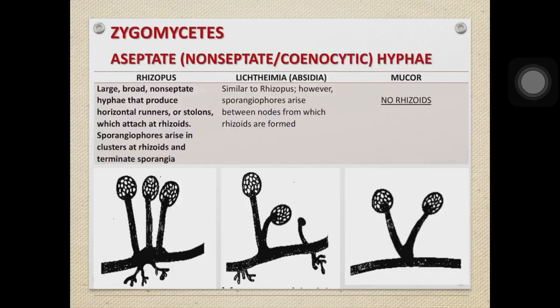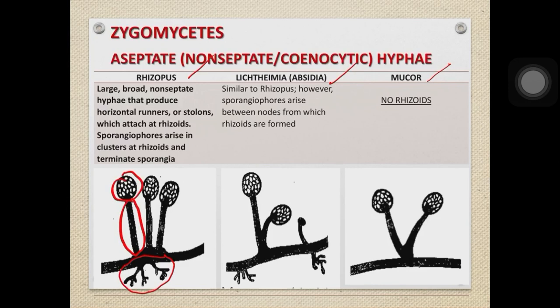Zygomycetes, unlike other fungi, aseptate yung hypha niya. Aseptate, walang division or walang crosswall. Under ng group na to, we have Rhizopus, Absidia, and Mucor. Yung kay Rhizopus po, yung sporangiophore, opposite ng sporangiophore, yung mga rhizoid, mga root-like structure.